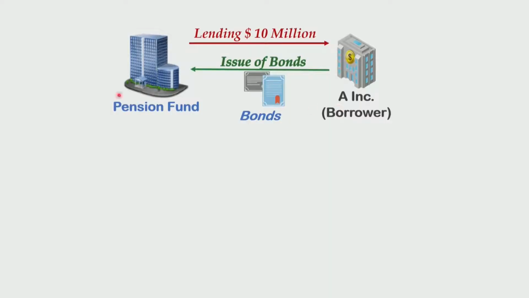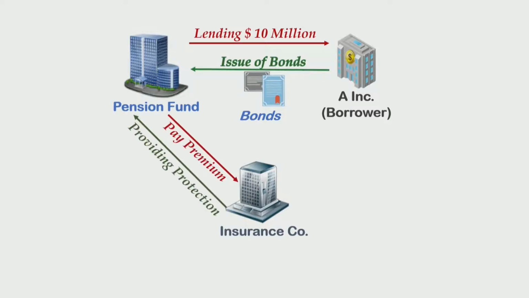Now, for protection against its risk, it approaches a third party, that could be an insurance company. Now what will be the connection between the pension fund and this insurance company? The pension fund will be paying a certain premium to this insurance company, and the insurance company is basically providing protection to this pension fund.